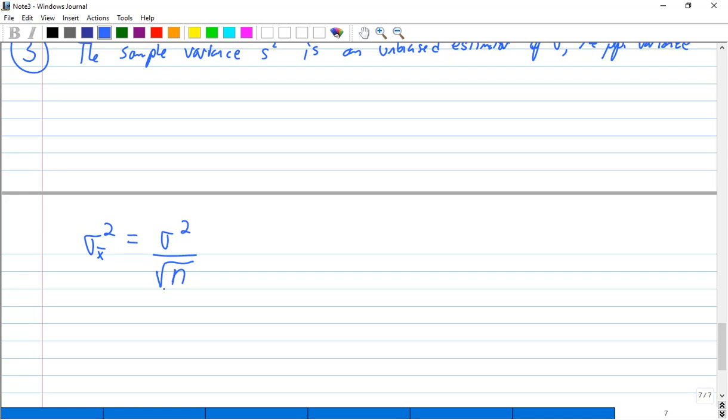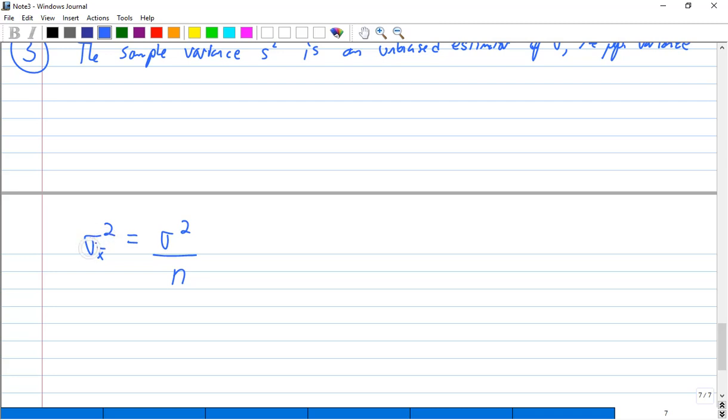Okay, and sigma squared sub x bar is equal to sigma squared divided by n, the sample size. Oh, I'm sorry. Leave the square root off. I'm not used to dealing with this variable as much as I am the standard deviation, and that's why I mistakenly put a square root there. Because if I want to know the standard deviation, this is the variance.